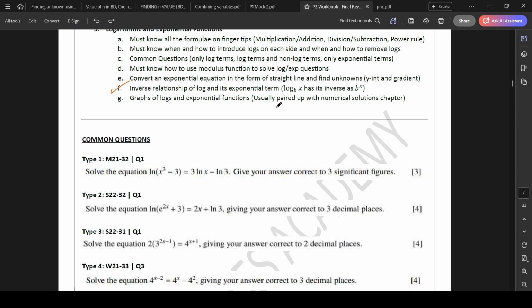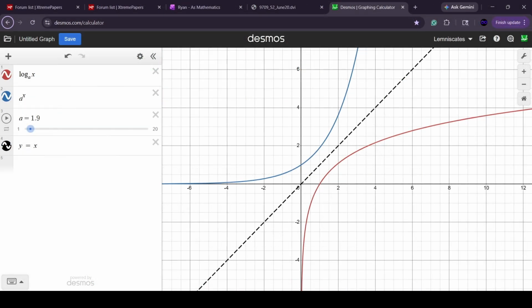So in those cases, they mostly ask for the graphs of logarithms, exponential terms, etc. But now let me go ahead and show you on Desmos the relationship between the logarithm and its respective exponential form. So look at the graph over here. The blue graph is for the exponential function. The red graph is for the logarithmic function. The important thing that you need to pay attention to is the base of the log and the base of the exponential.